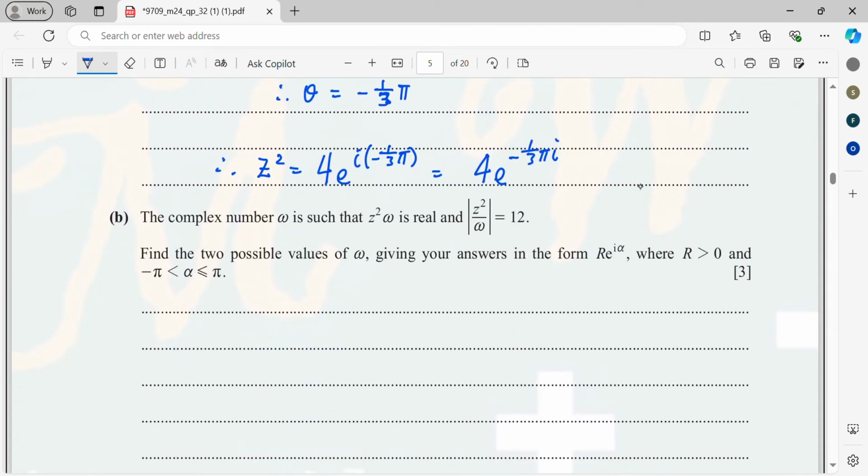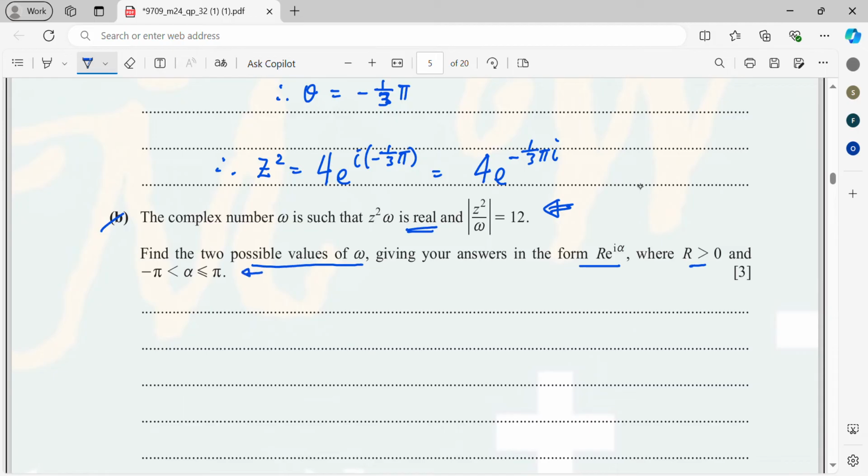Okay, now for B, the complex number w is such that z squared w is real. Right, real means no imaginary part. And the modulus equals 12. Find the 2 possible values of w, giving your answers in the form re^(iα), where r is greater than 0 and alpha again is between minus pi and pi.